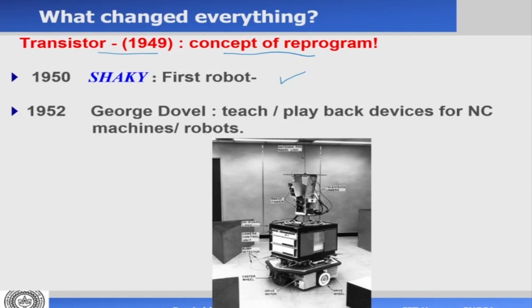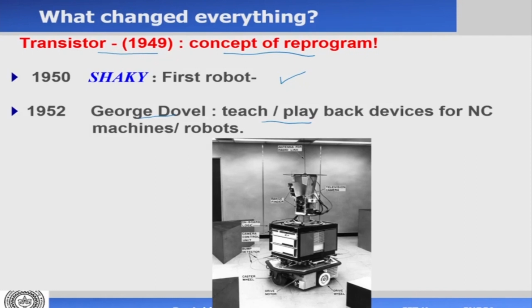The first robot was invented at Stanford University. It's a mobile robot which can move around and do simple tasks like obstacle avoidance. And in 1952, George Devol invented teach and playback devices for NC machines. NC machines and robots are essentially the same technology.